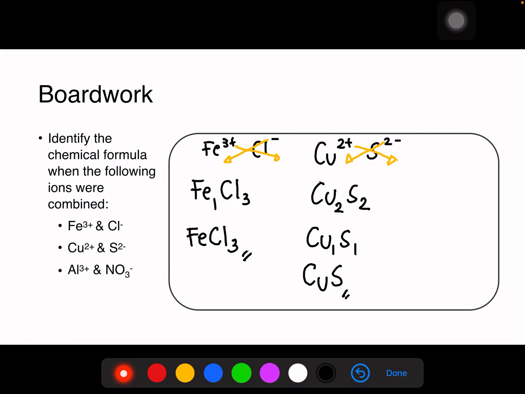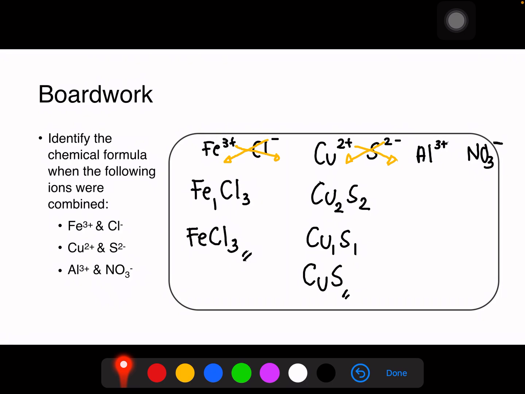Okay, next one, aluminum 3 plus and NO3 minus. So when you see this kind of ion, there are times that an ion exists as more than one element.